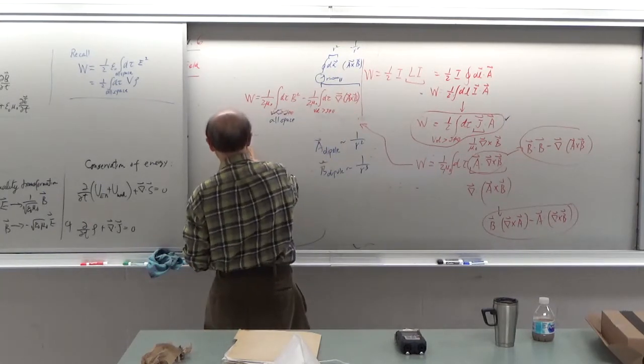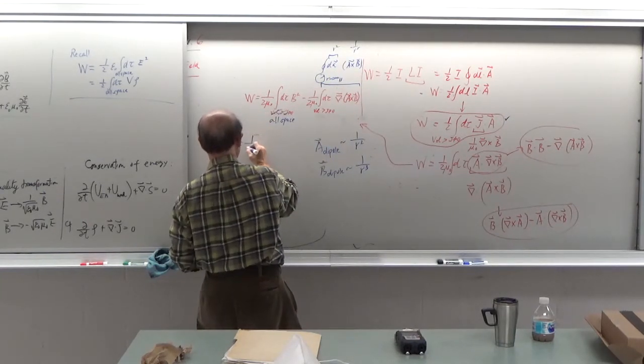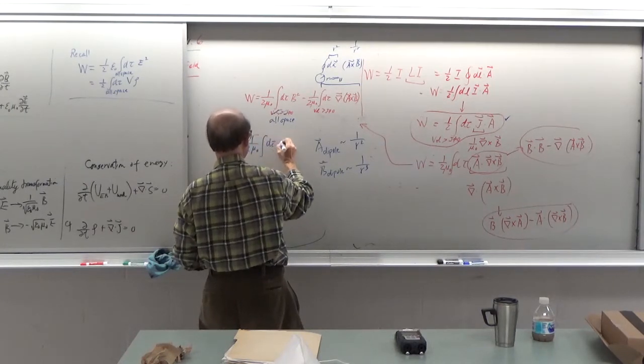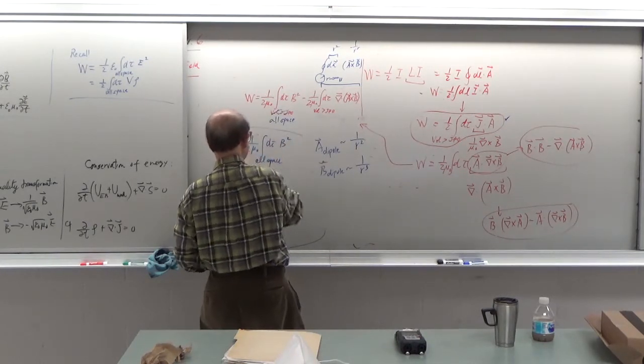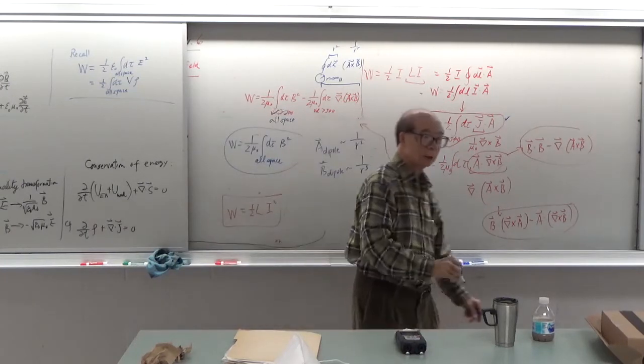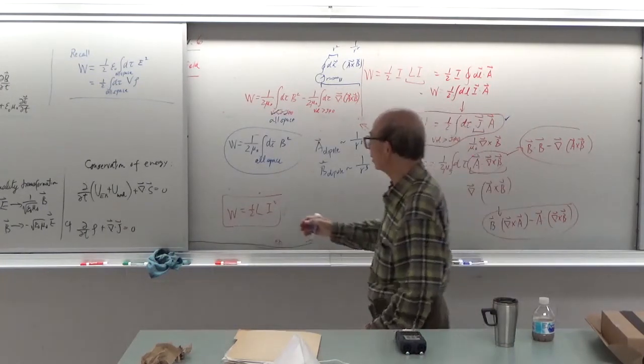So W is equal to 1/2 mu naught times the volume integration of B squared over all space. So this is another useful form for the energy in magnetic field.